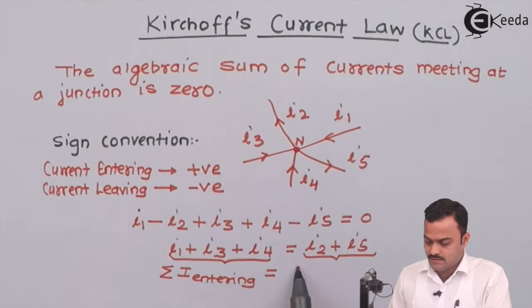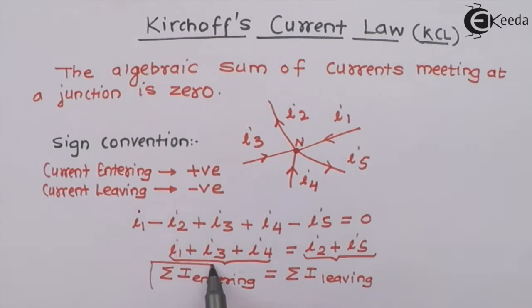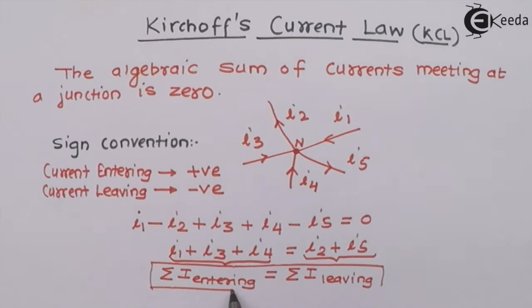So I can say summation of I leaving. So in the end, what I can say is, summation of current entering the node is the same as summation of current leaving the node. That is what Kirchhoff's current law is all about.